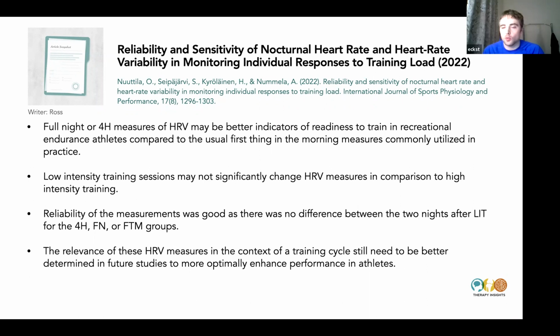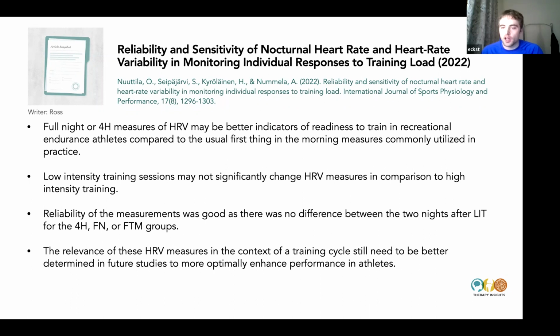And then they were looking at whether the full night, or the first 4 hours of the night, or first thing in the morning heart rate variability monitoring was most accurate for detecting changes in response to those training loads. And they found that the full night and first 4 hours of the night were both very good and equally good, really. And both were better than the first thing in the morning measures.